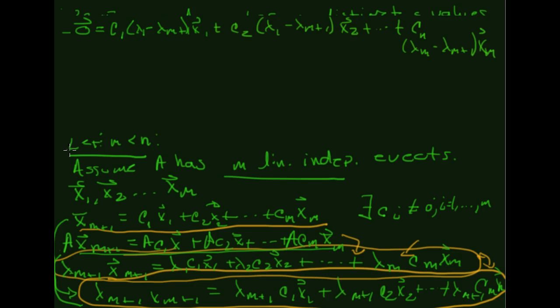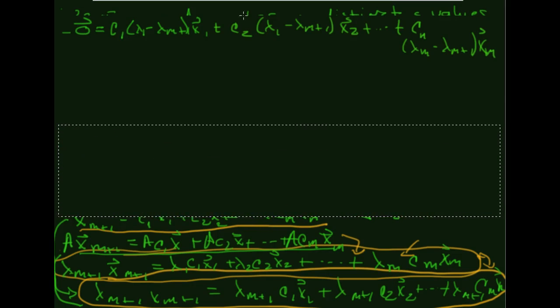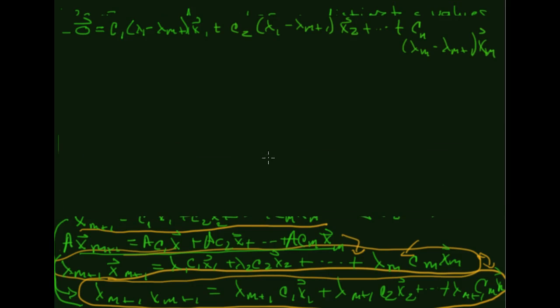Okay, so let's get rid of some of this down here. I'm going to delete that. Undo this. Okay, so we know that there has to be some value in here where lambda i does not equal lambda m plus 1, because otherwise this thing is going to equal 0.